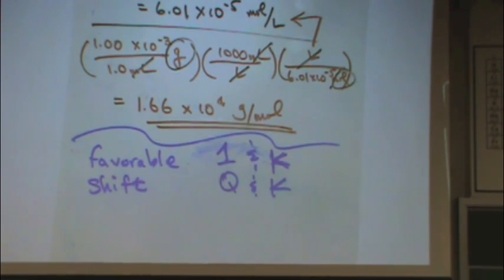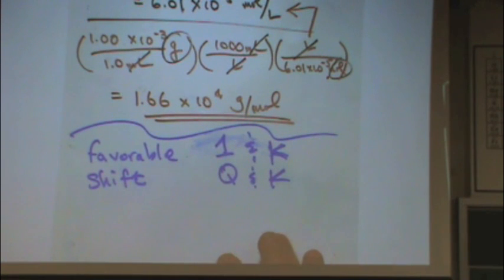Because when Q is 0, K is not going to be 0, even if you don't know what K is. It's going to be a numerical value, 5, 1,000, whatever K is. And that'll mean that if Q is 0, it's going to shift to the right. So often, we have not done that recently. However, in the chapter 14 problems, the chemical equilibrium problems, you need to do this Q and K comparison.